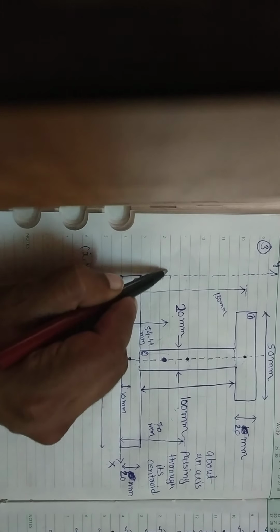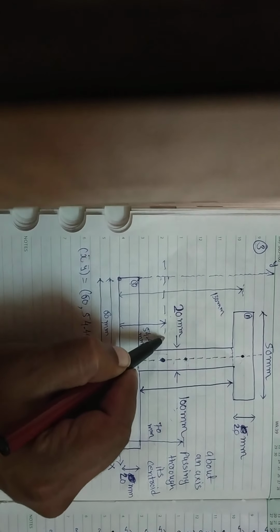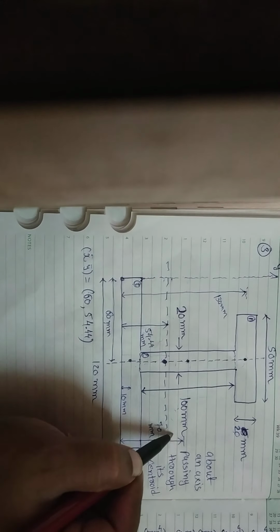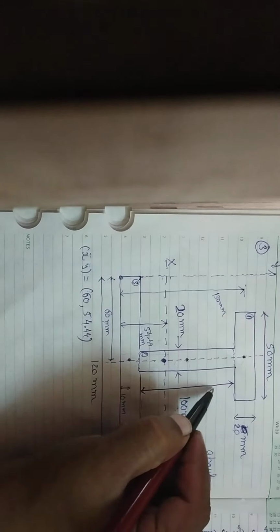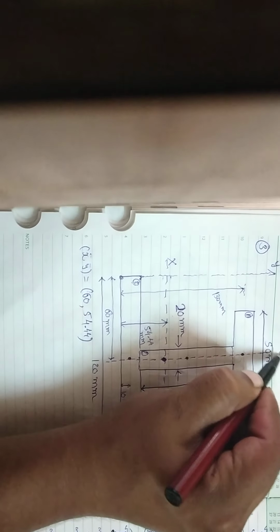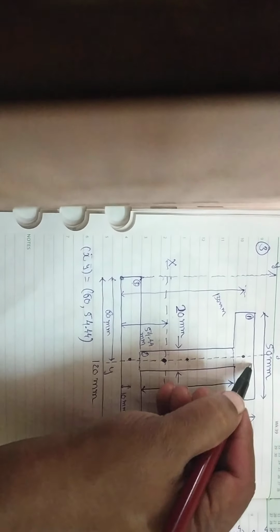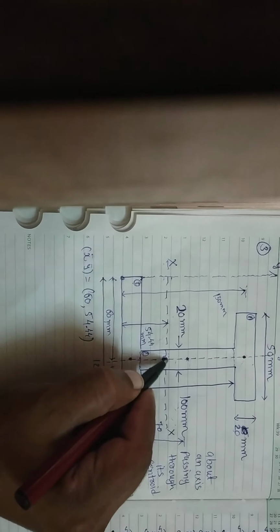So now your job is to mark a dark line here, which is passing through the centroid of the I section, and let's give it the name XX. Alright, and this vertical is already an imaginary line, so you can mark it with the name YY. So this one is the YY axis and this one is the XX axis, and let me mark a little bit darker dot here.